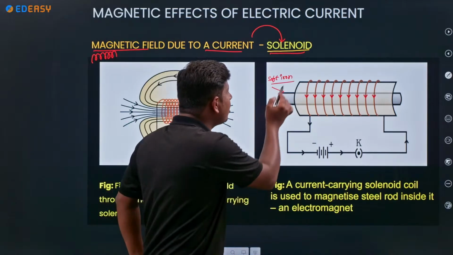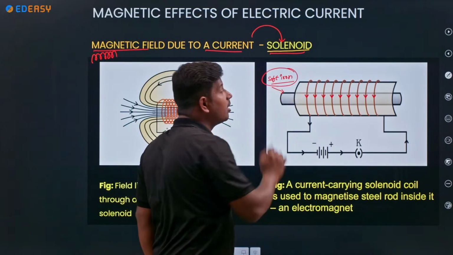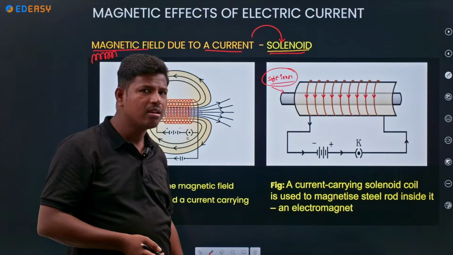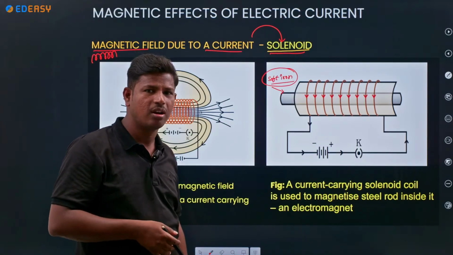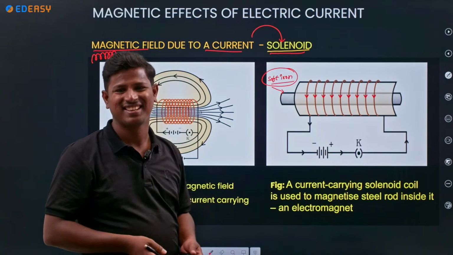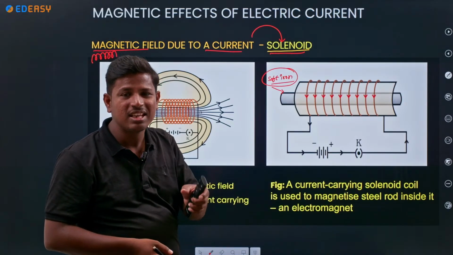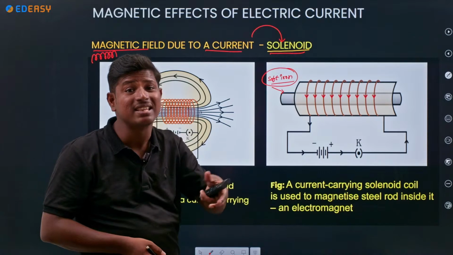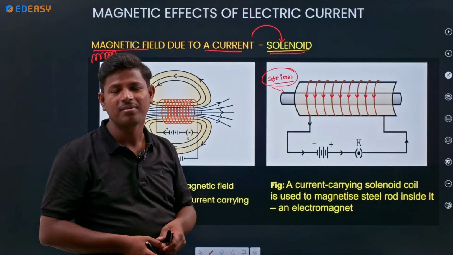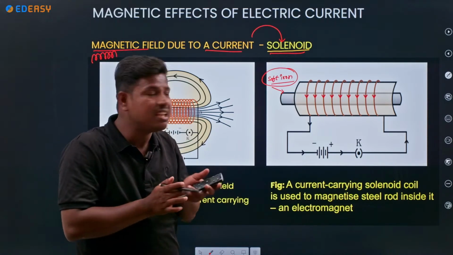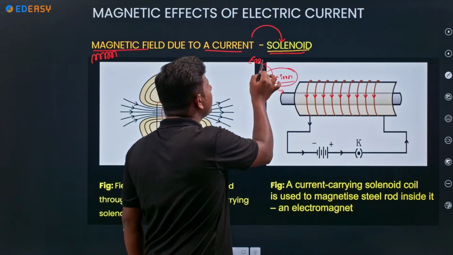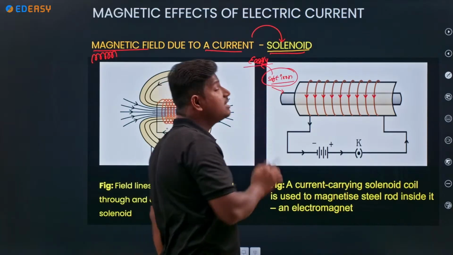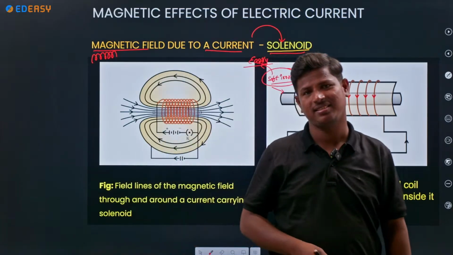Why are we taking soft iron here? Why can't you take hard iron? Because it is soft, na? That's why it responds. Yes. Soft iron means it will be easily magnetized, easily handled.